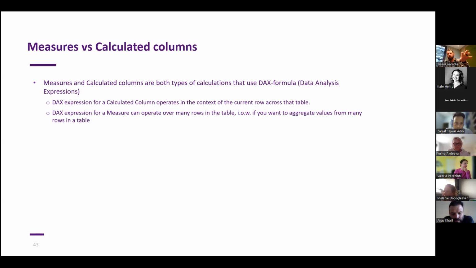We had to name the column, and then we said this column divided by that column. That's really a DAX formula. So both measures and calculated columns in Power BI are done at the back end using data analysis expressions.